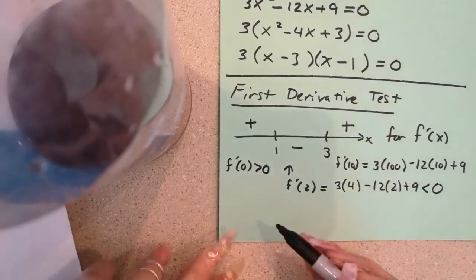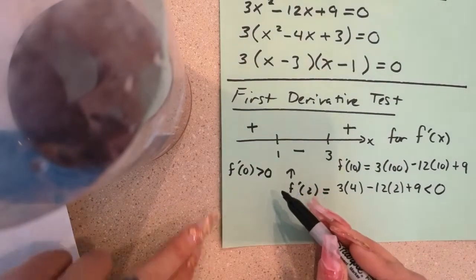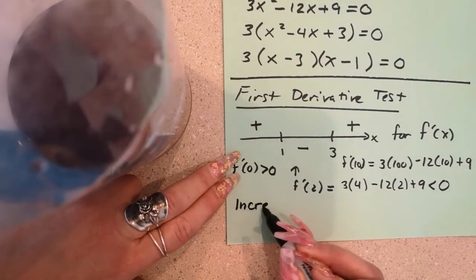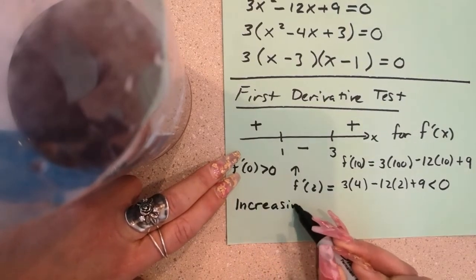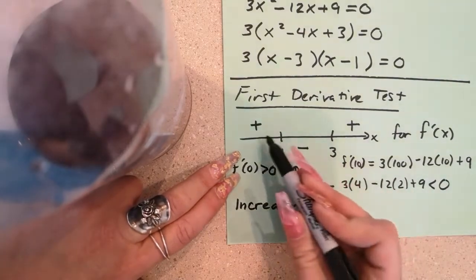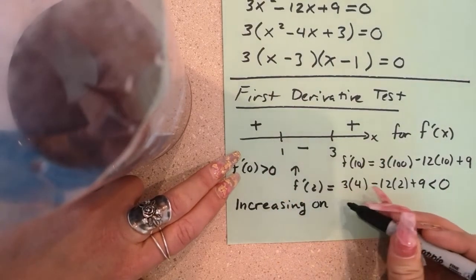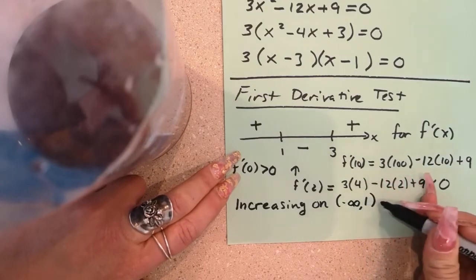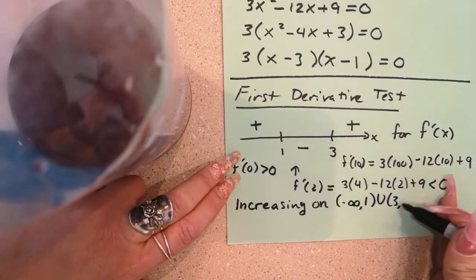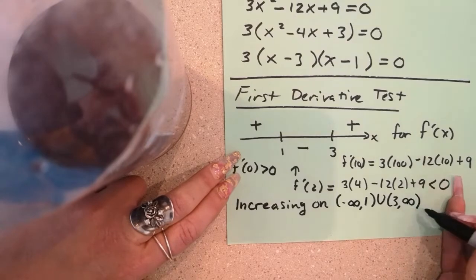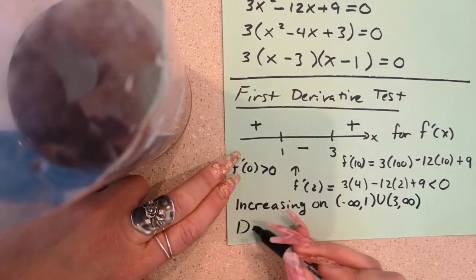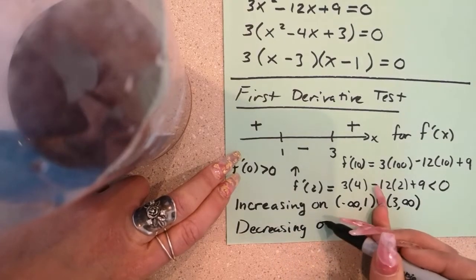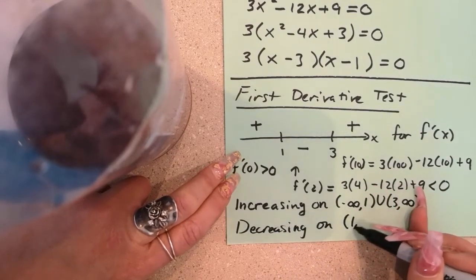So then I have some information. I know that this function is increasing where the first derivative is positive. So that would be on the interval negative infinity to 1, and then again from 3 to infinity. I know it's decreasing on 1 to 3.